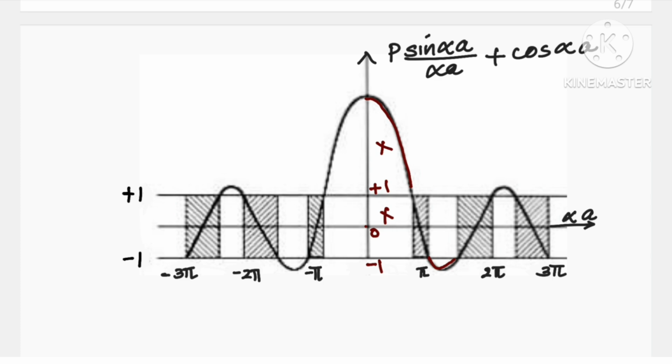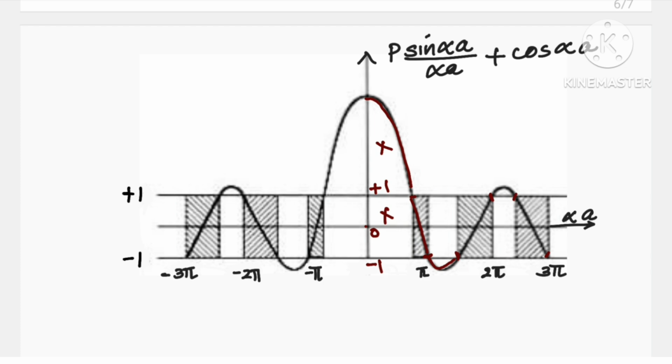And the shaded portion, we know that it is in between +1 and -1, hence it is an allowed band. Here also between -1 and +1, this is also allowed, and the next shaded region is also allowed.